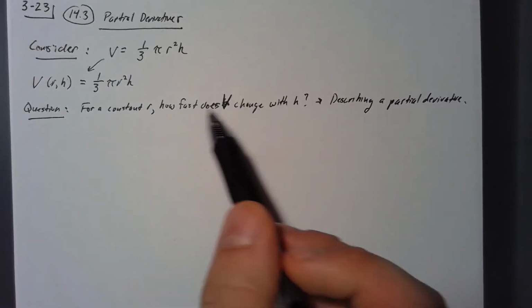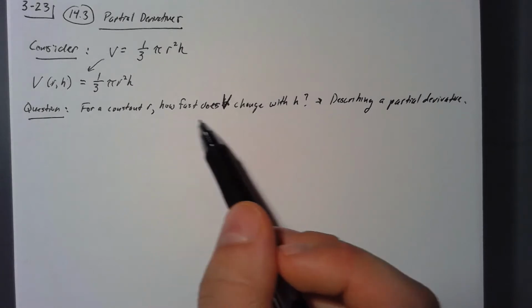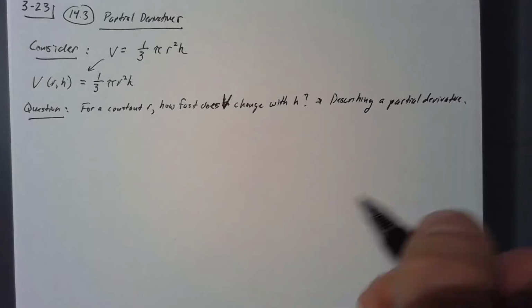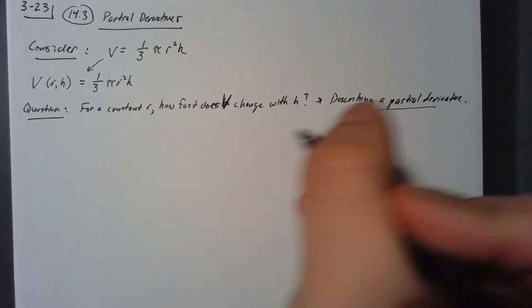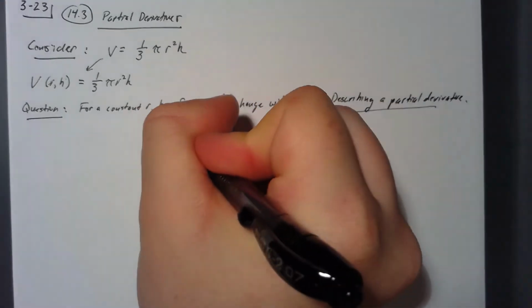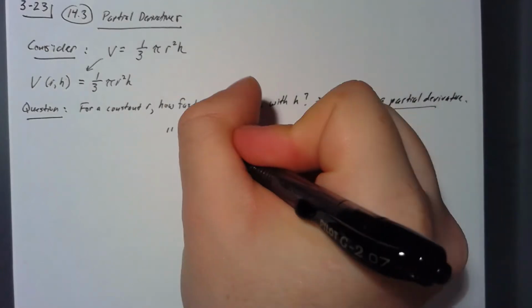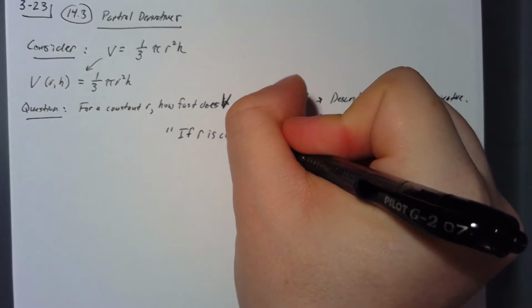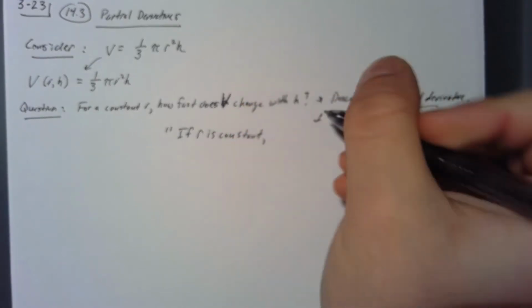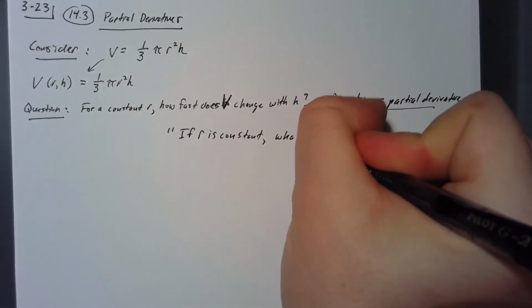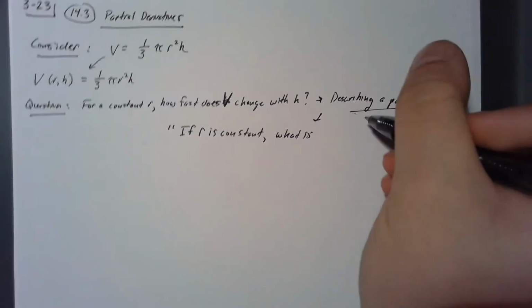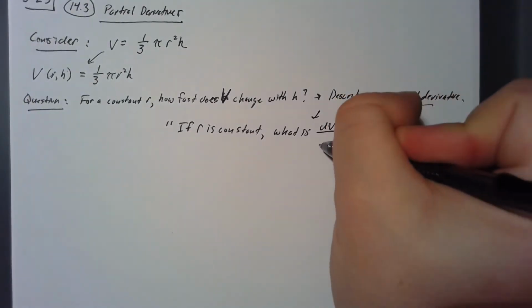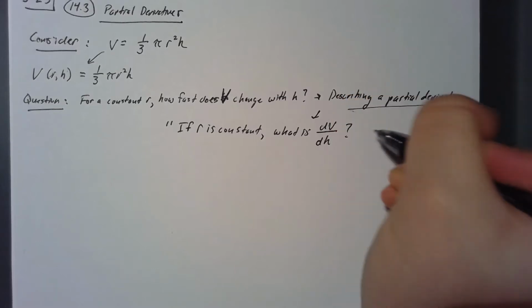And what I'm talking about here is, if I hold r constant, what is the derivative of V with respect to h?